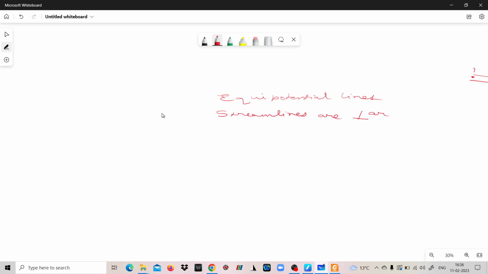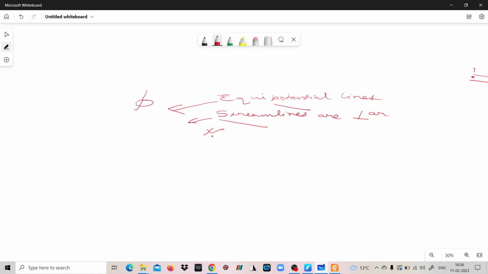For that you basically need the idea of potential functions and stream functions. Now, what are equipotential lines? An equipotential line is a line such that as you move along the line the value of phi is constant, and a streamline is a line such that along that line the value of psi is constant.